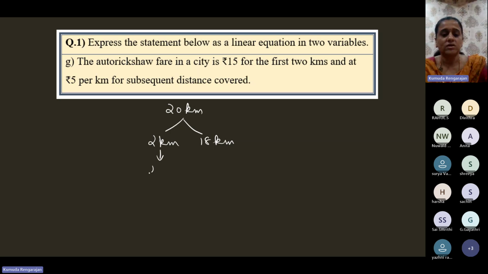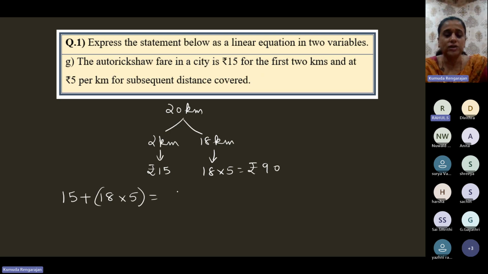For this, it is rupees 15. And for this, it is 18 into 5, which is rupees 90. So how will you write the equation for this? 15 rupees plus 18 into 5 is equal to 90.